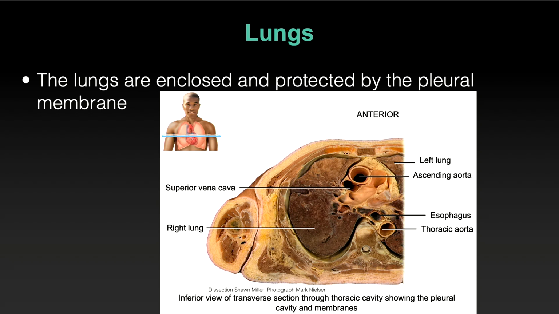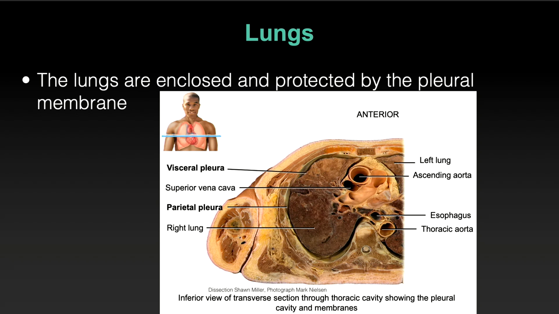Notice how full the thoracic cavity is. The lungs almost take up the entire space. Mediastinum in the middle, large portion taken up by the lungs. And the double-walled membrane, you can't even really see, but the parietal pleura is the layer along the inside of the ribs.